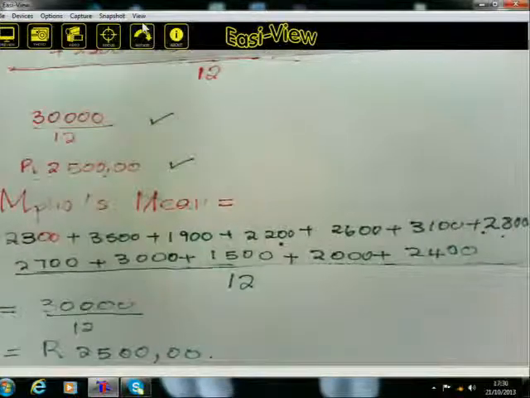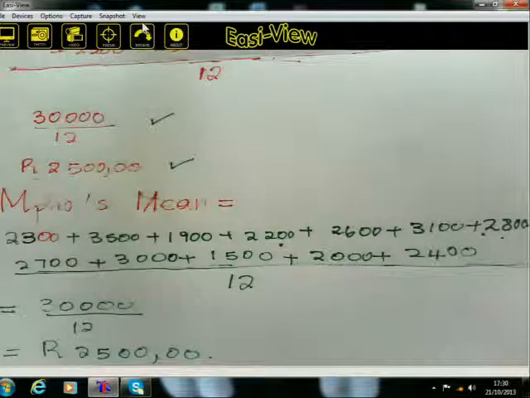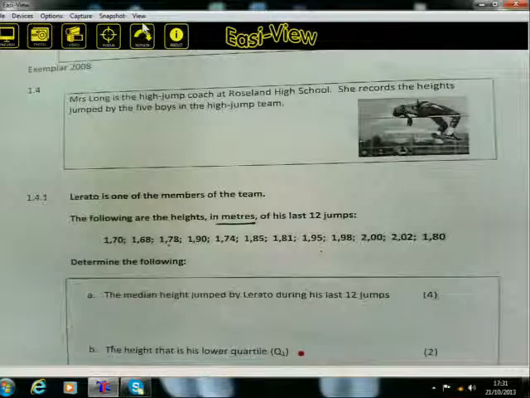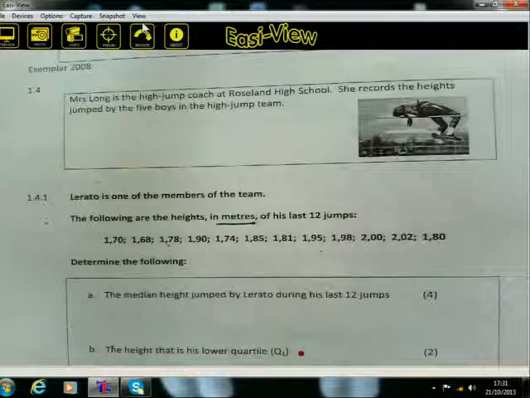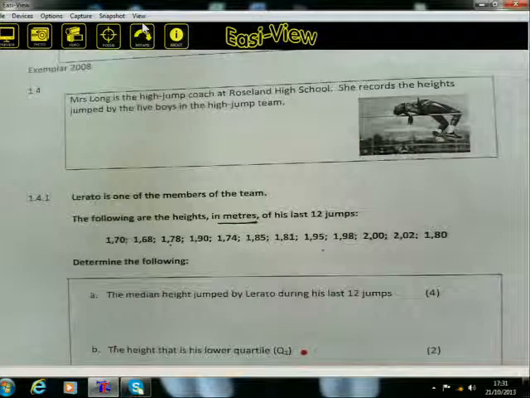For example, you remember the question that we dealt with before. I will try to check those questions if we can still remember. You remember we had to calculate a percentage.